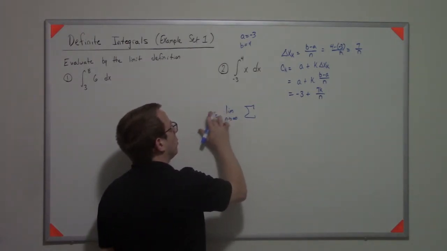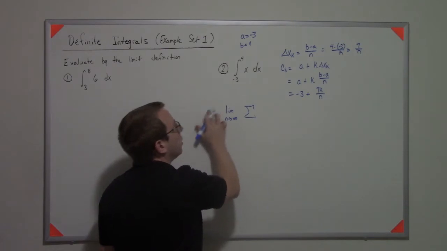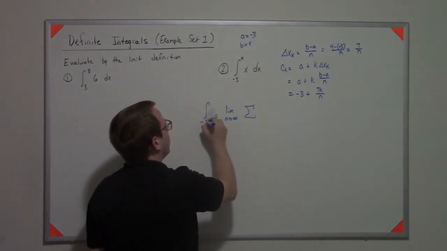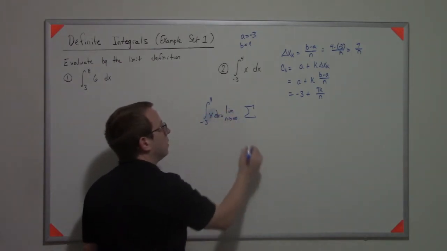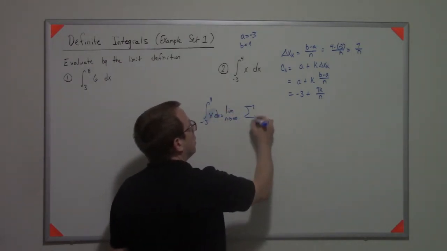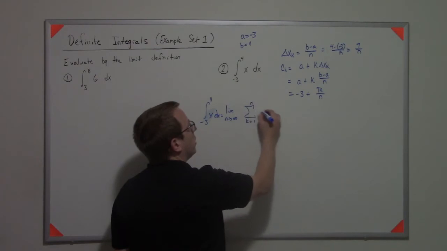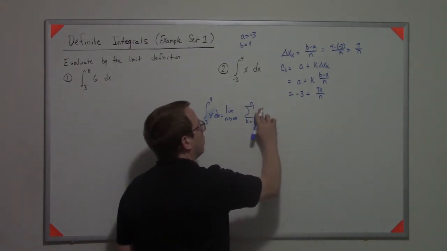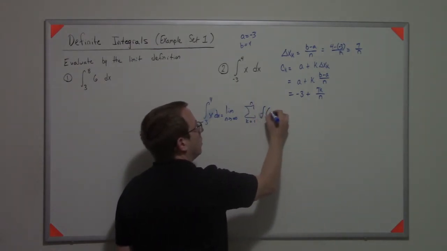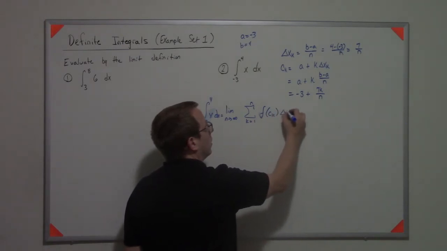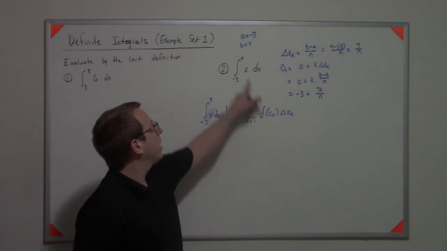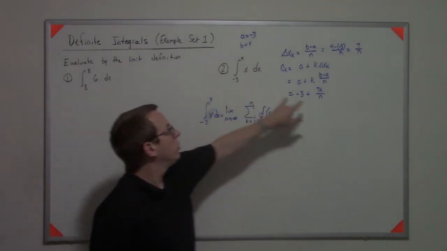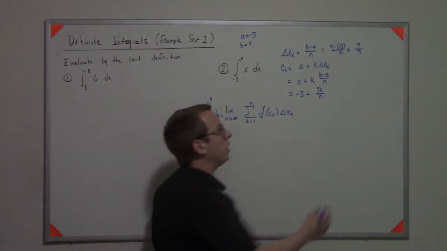So that integral, negative 3 to 4 of x dx, is the limit of the sum from k equals 1 to n of f of ck delta xk. Now, f of x is just x, so it is just ck, right?